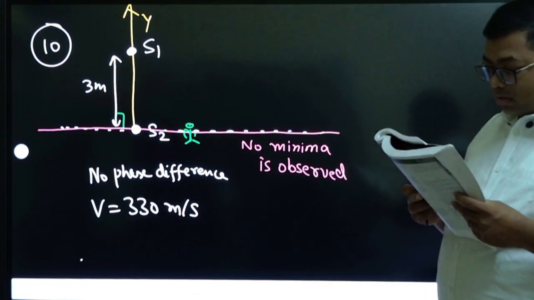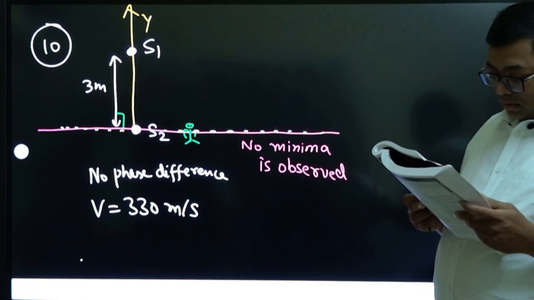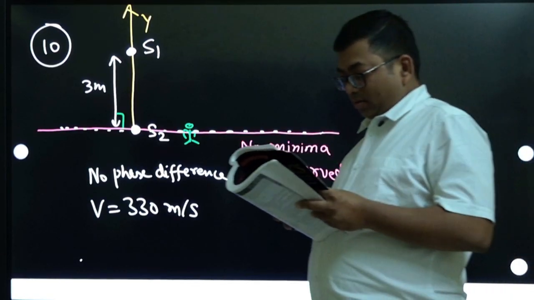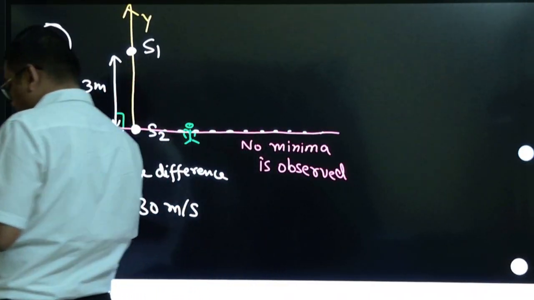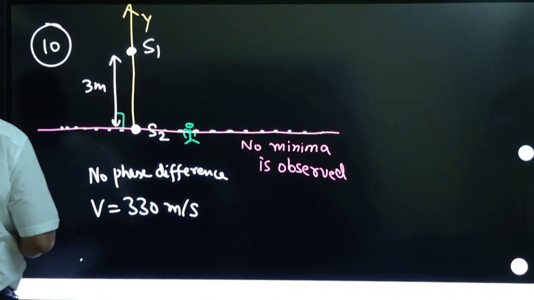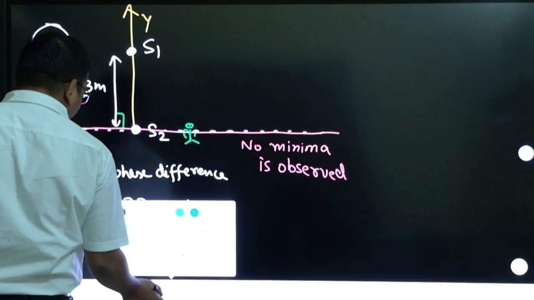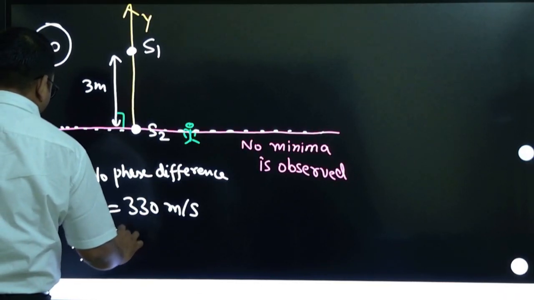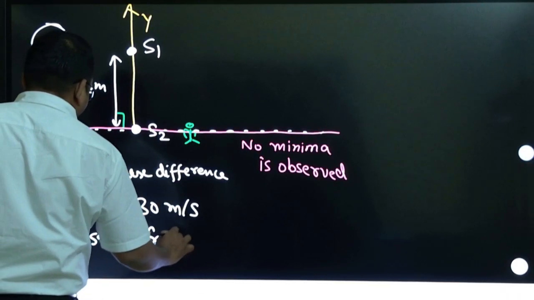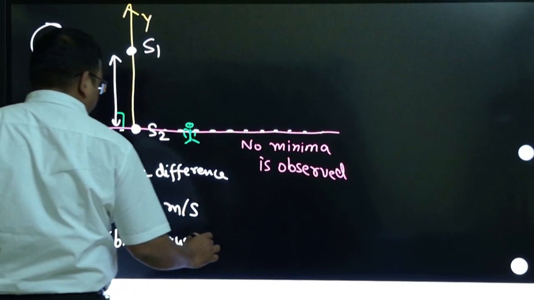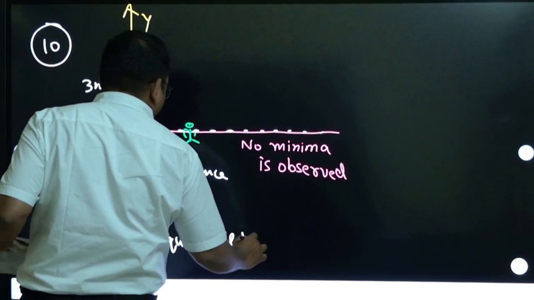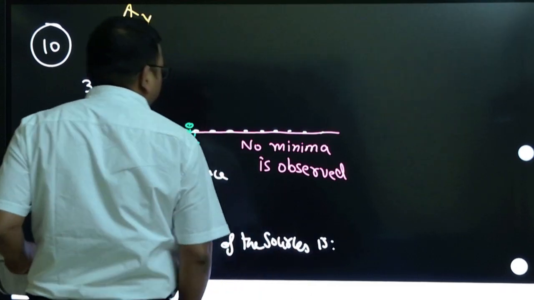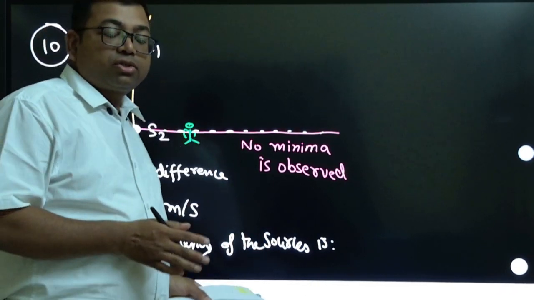So the question is: possible frequency of the sources is, sources means either S1 or S2.